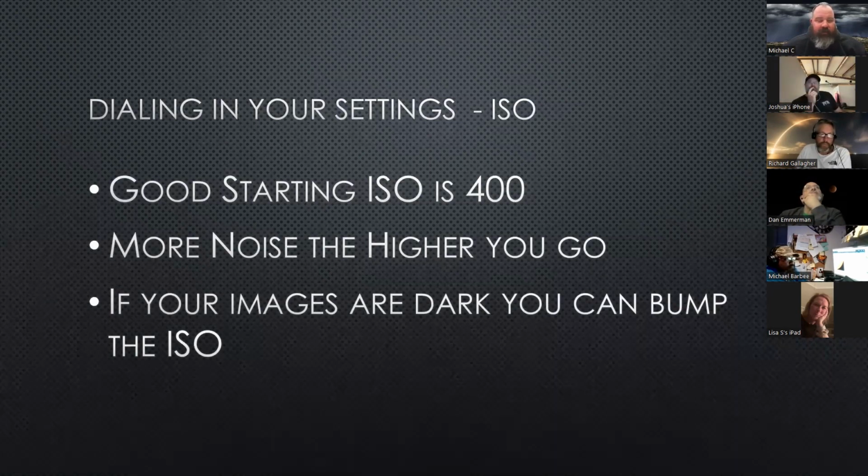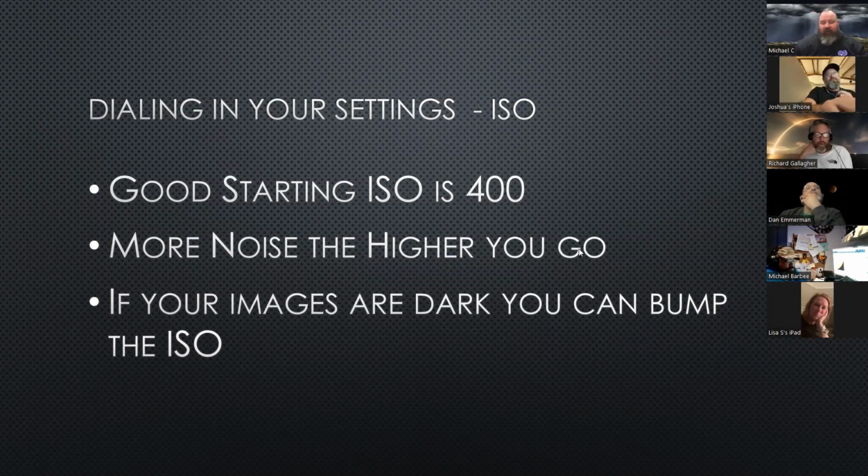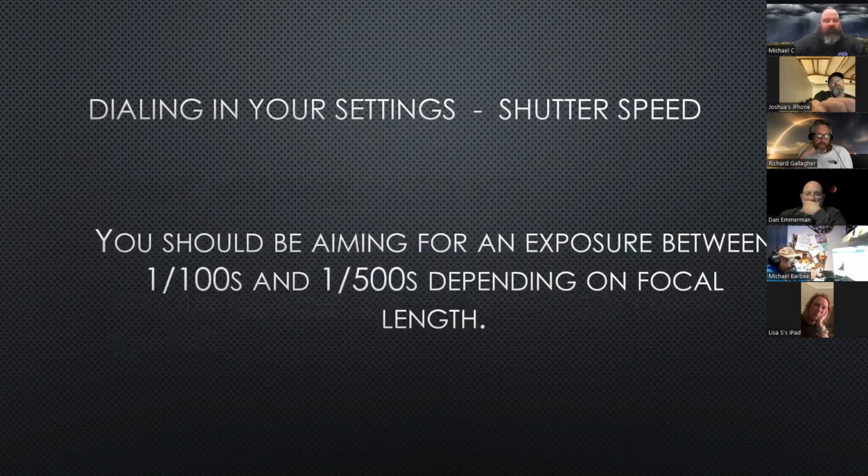But as you know, the higher your ISO, the more noise you may get surrounding your photos or around your sun and your eclipse photo. And then you can always bump that ISO up if you think it's too dark. That's one of the ways.